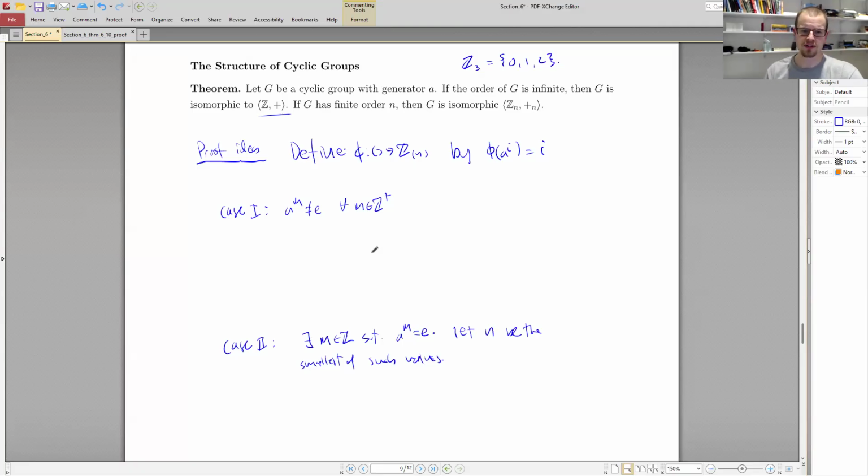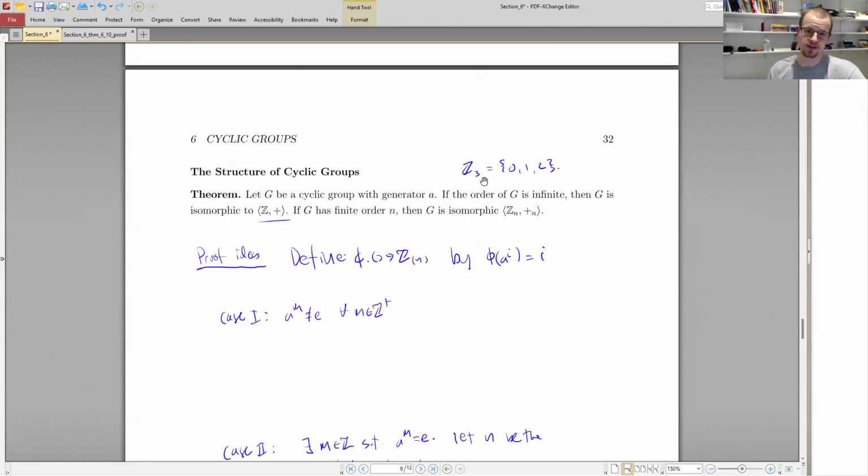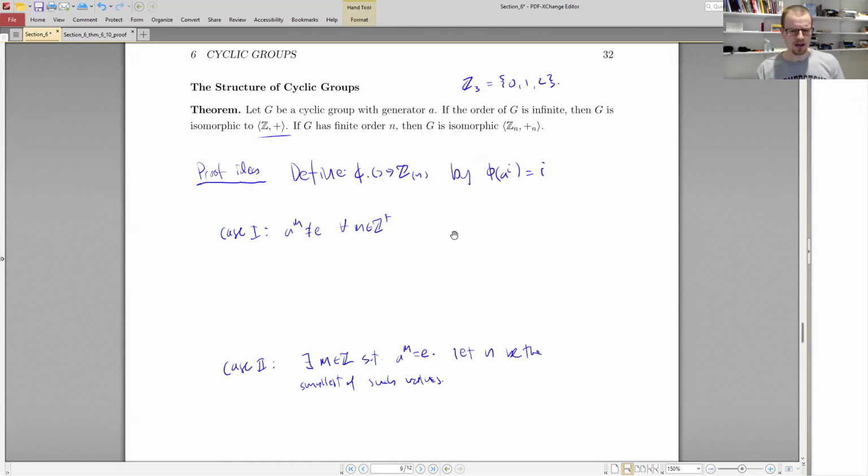Once we get to here, we say, all right, what about the finite case where G is like Z3, or something that we'll show is isomorphic to Z3? When that's the case, we end up with a to some power being the identity.